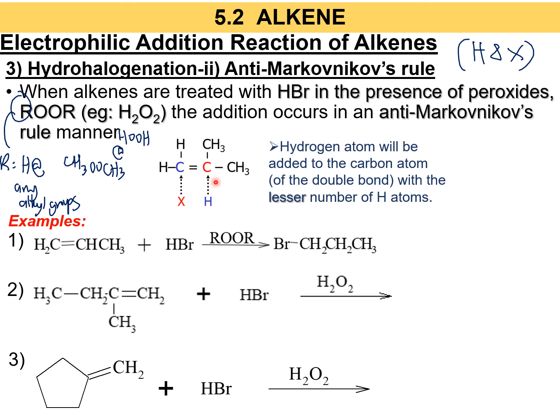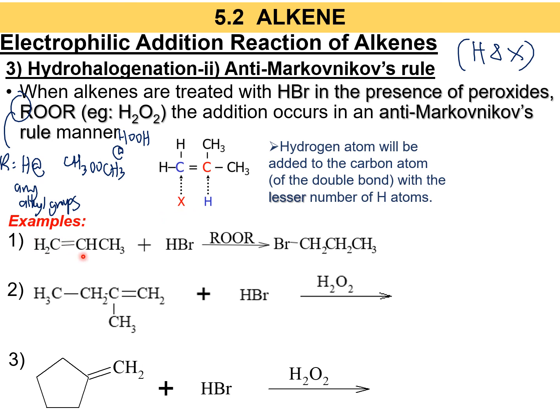So when you want to add the hydrogen, you have to add the hydrogen to the carbon atom with the fewest hydrogen atoms on the double bond. Therefore, for this alkene under anti-Markovnikov's rule, the hydrogen will be added to this carbon. Since this carbon has no hydrogen atom at all and this carbon has hydrogen atoms, we will put the halogen there.